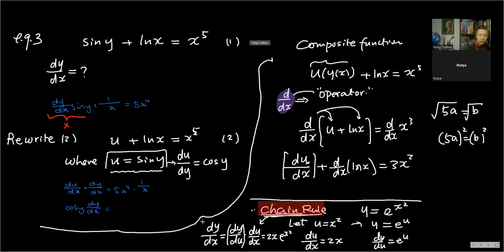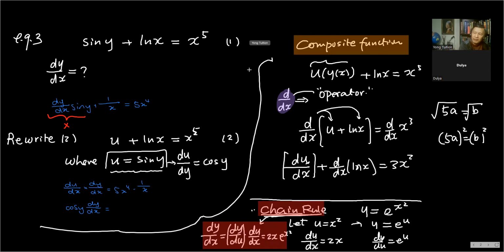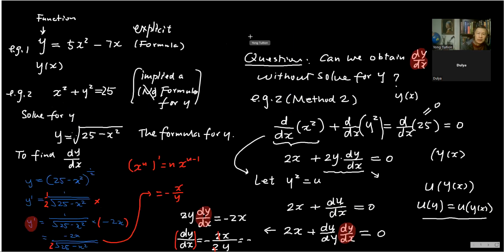The chain rule is used to deal with a composite function. In other words, an implicit function is a function that we don't have the formula for yet. In order to find the first derivative, we don't have to solve for y in the first place.